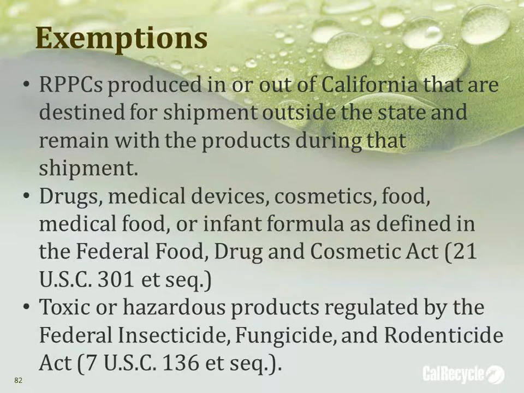The second category of exemptions include RPPCs that contain drugs, medical devices, cosmetics, food, medical food, or infant formula as defined in the Food, Drug, and Cosmetic Act. The third category of exemptions include RPPCs that contain toxic or hazardous products regulated by the Federal Insecticide, Fungicide, and Rodenticide Act.